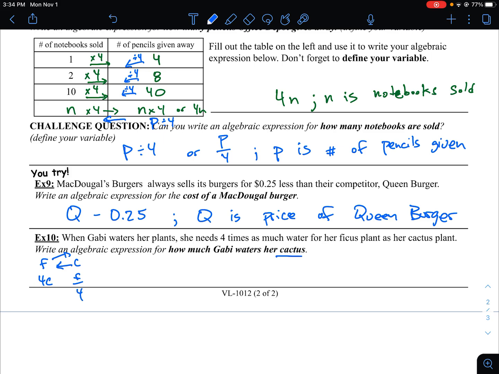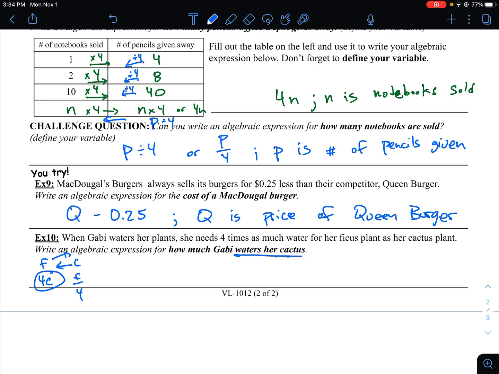So what do they want? They want how much she waters her cactus. So how much she waters her cactus is not 4 times the amount of water she waters her ficus. It should be how much she waters her ficus, and you divide that by 4.